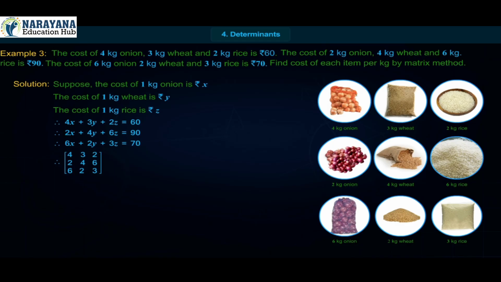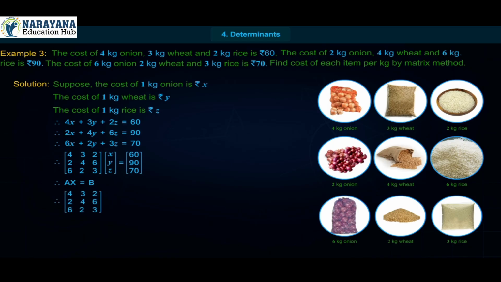Therefore, matrix [4 3 2; 2 4 6; 6 2 3] into matrix [x; y; z] is equal to matrix [60; 90; 70]. Therefore, AX is equal to B.